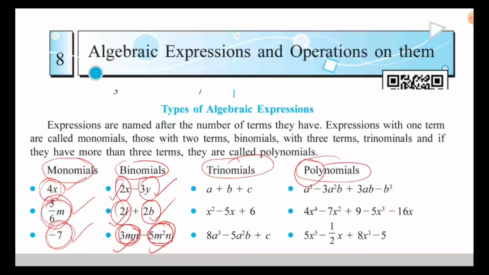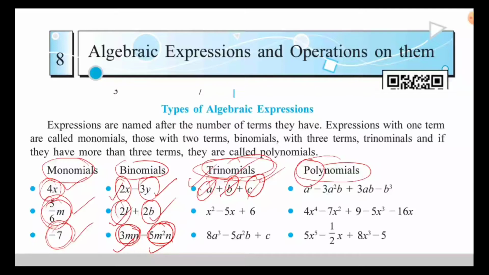Now same thing goes for trinomial. If binomial is having 2 terms, then trinomials will be having 3 terms. This is the first, this is the second, this is the third. So these are the 3 terms and those 3 terms together make a trinomial. Polynomials, as I said, anything greater than 3 terms.